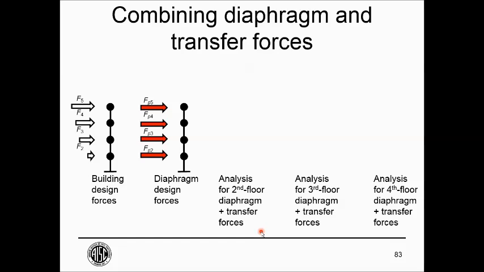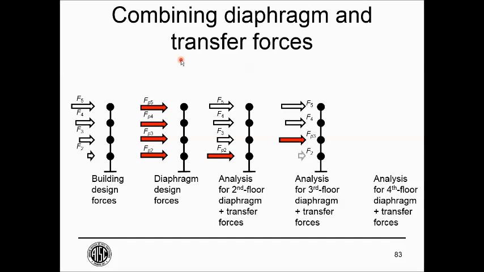Now there's also a requirement to design the diaphragms for transfer forces. These may be 0 or close to 0, but for some structures, especially dual systems and structures with very complex layouts, there can be a lot of transfer forces going from one frame to the other through that diaphragm. So for those structures we do an analysis that looks like this, where we consider the diaphragm force at one level combined with, say, the ELF forces at all the levels above.